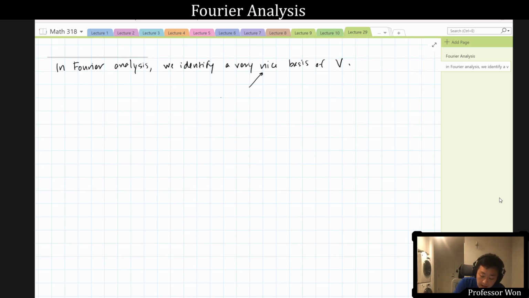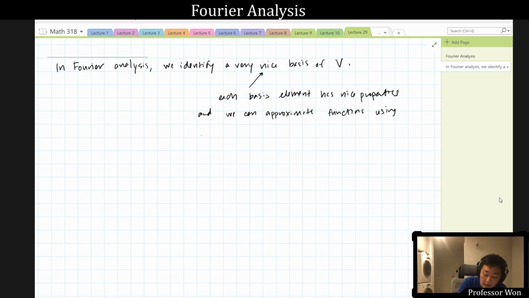So each basis element has nice properties. It's a nice function we can understand. And we can approximate nice functions using just the first few terms.